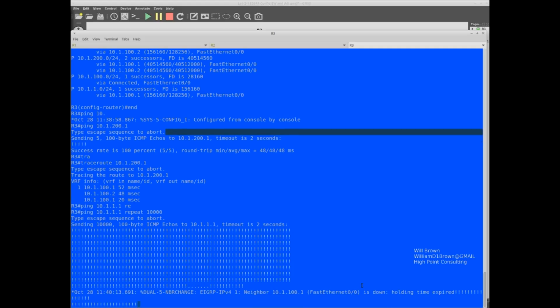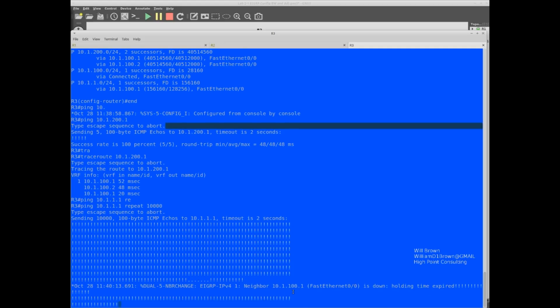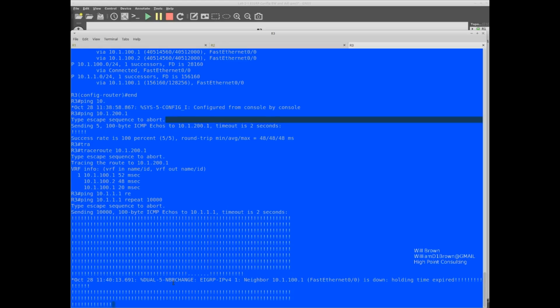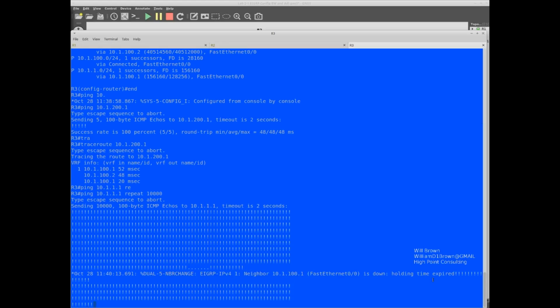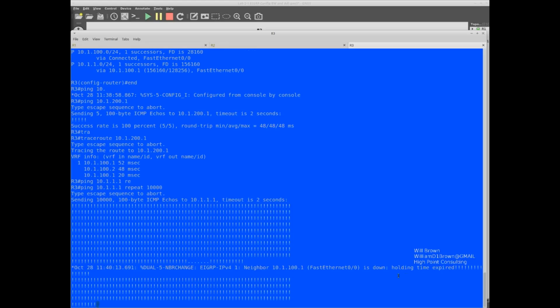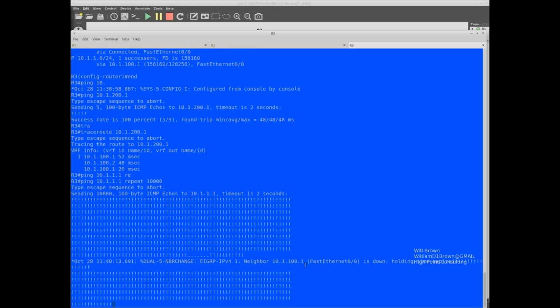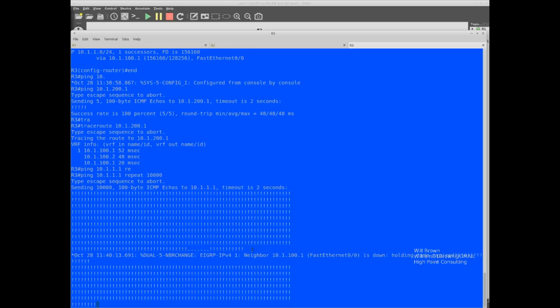There we go. It cut over to using the other path. We saw that the hold timer finally expired for the FastEthernet over to router 1.